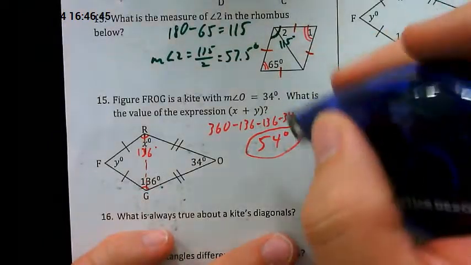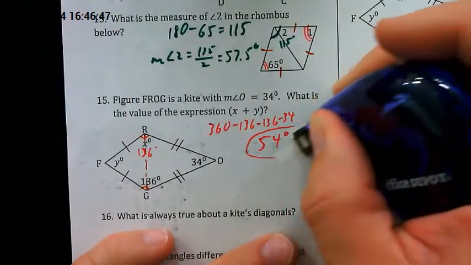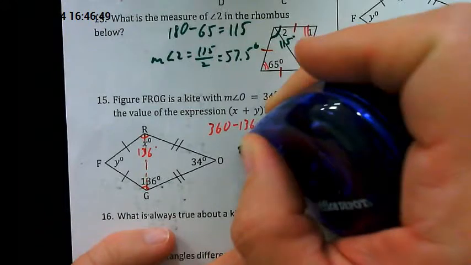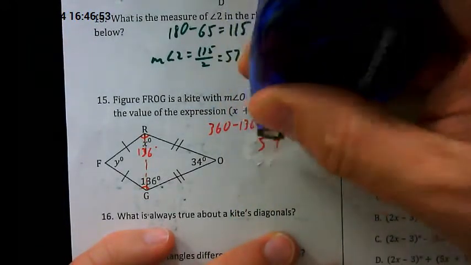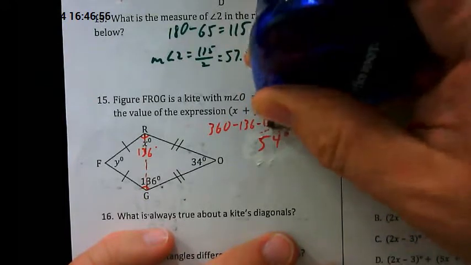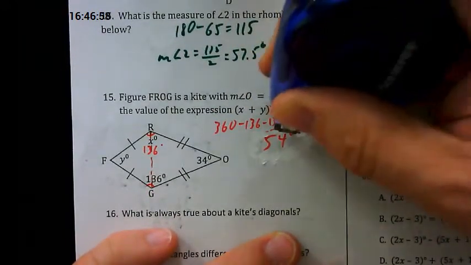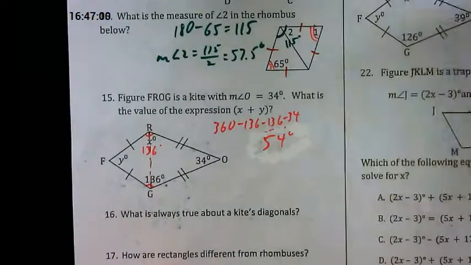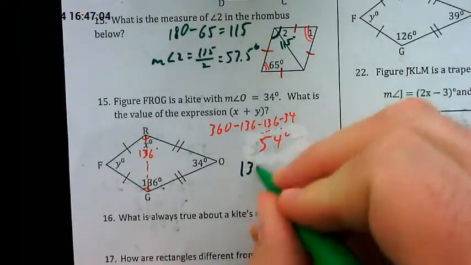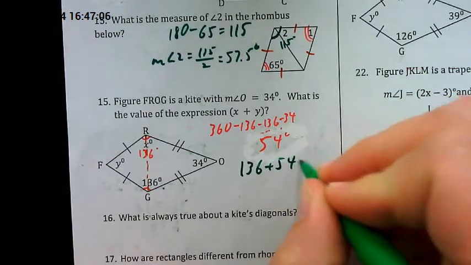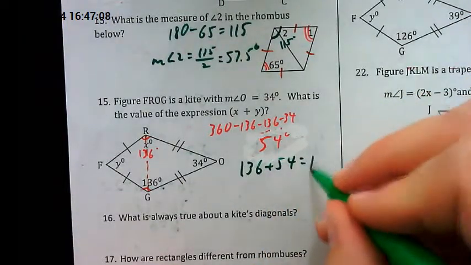I didn't mean to circle that. I lied. That wasn't the final answer. It asked for something else. It wanted us to add them. So what is x plus y? 136 plus 54 equals 190.